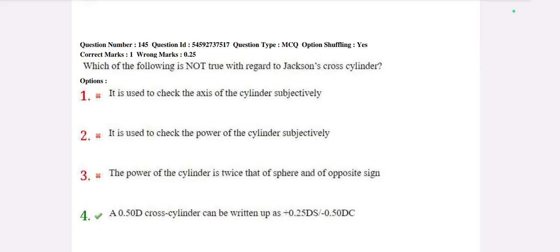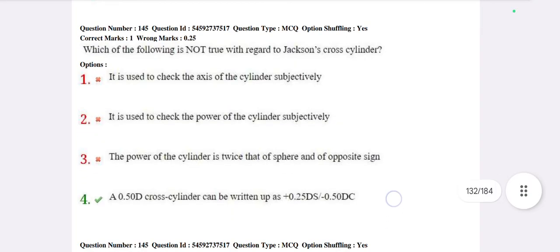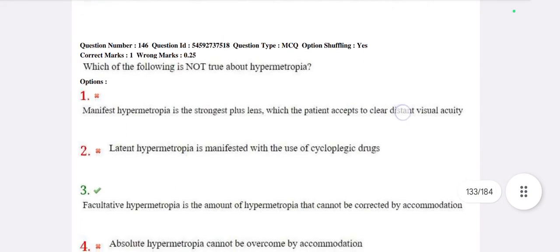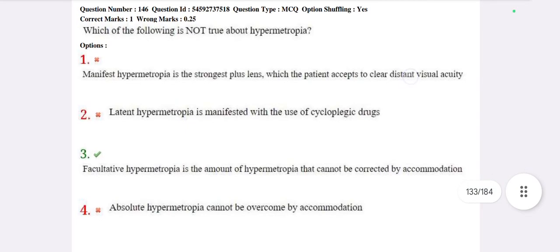Our next question is, which of the following is not true with regard to Jackson cross cylinder? Correct answer is a 0.50 diopter cross cylinder can be written as plus 0.25 DS oblique minus 0.50 DC. Our next question is, which of the following is not true about hypermetropia?